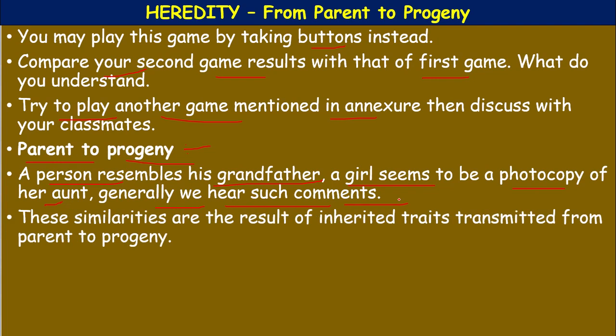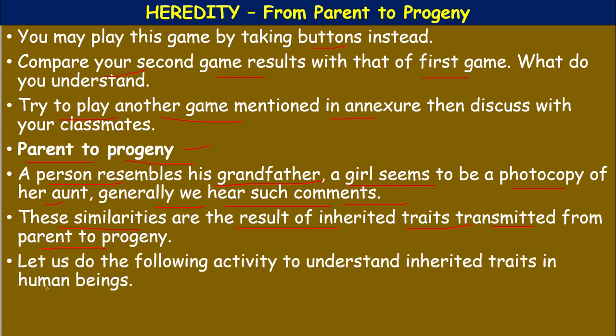You might have experienced it. So, these similarities are the result of inherited traits. Traits means characters, factors, transmitted from the parent to progeny. So, let us do the following activity to understand inherited traits in human beings.